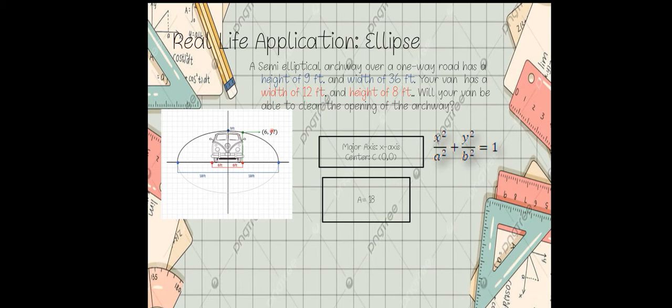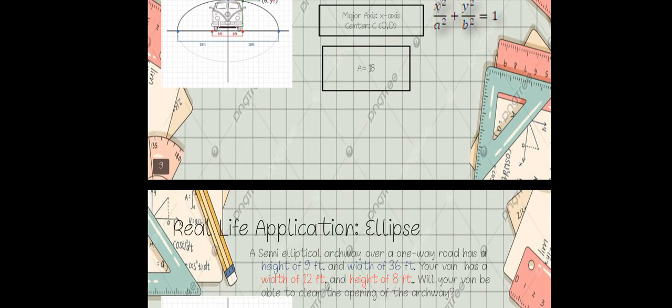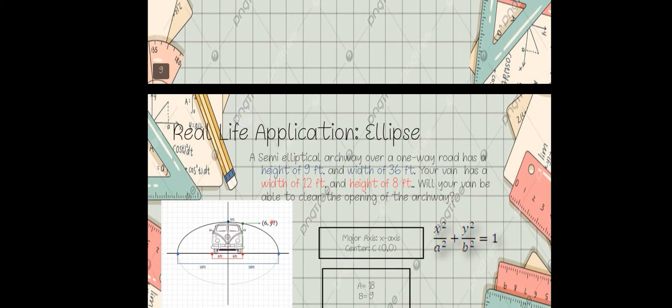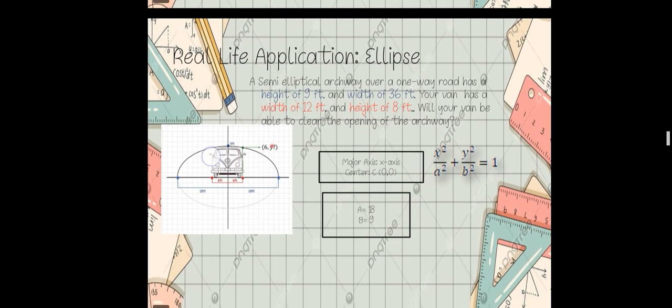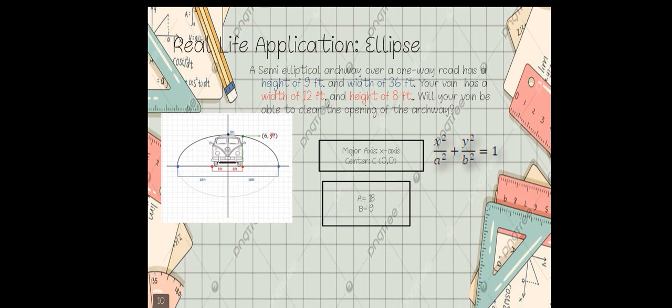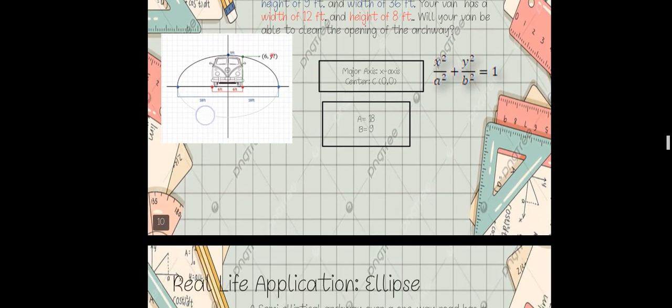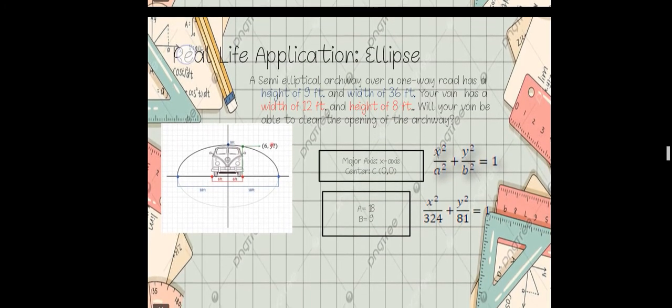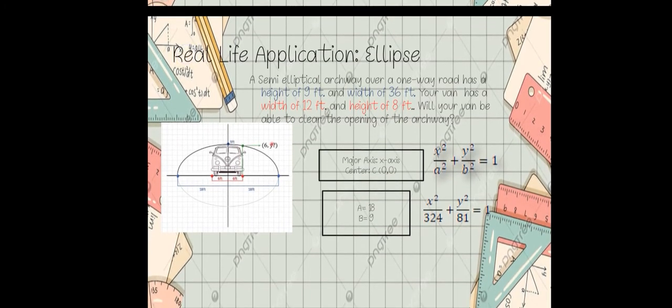Now we'll be finding b, the distance from the center out at the minor axis, and this time it's going to be 9. So putting our values into the previous equation, we'll have x squared over 324 plus y squared over 81 is equal to 1.